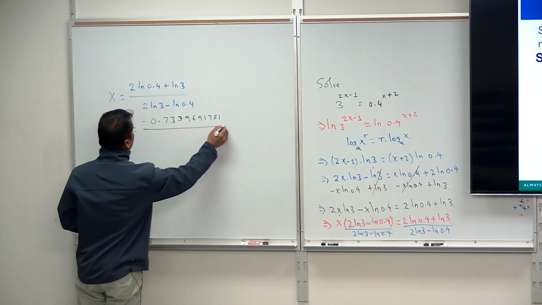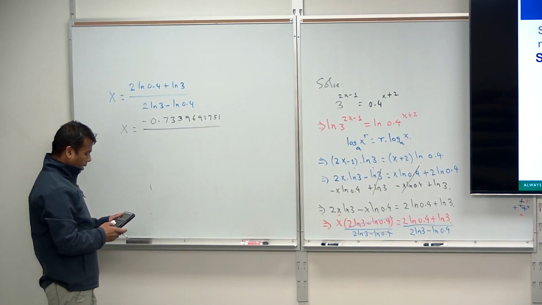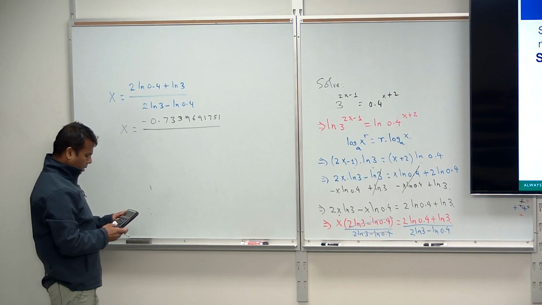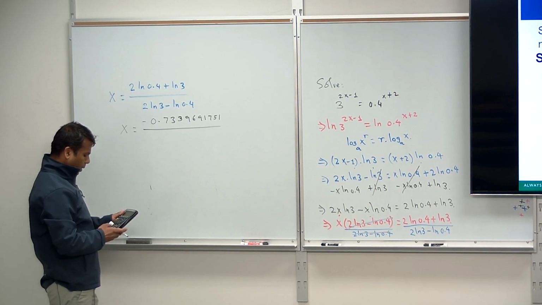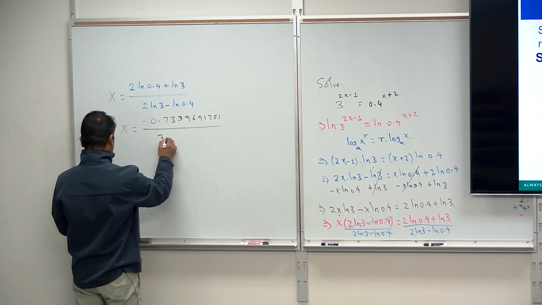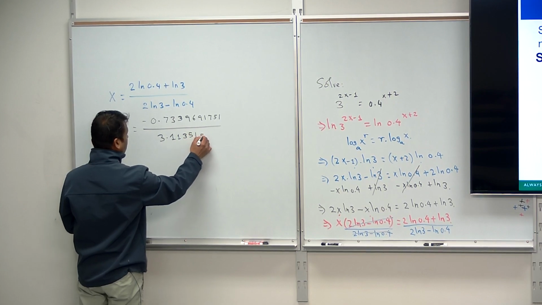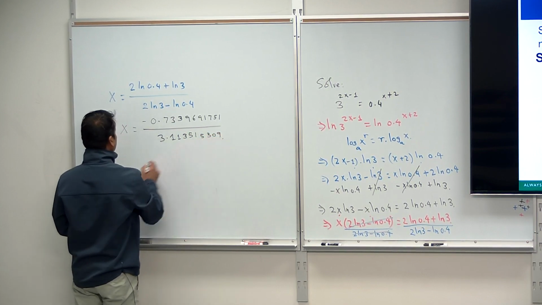And in the denominator, you have 2 ln 3 minus ln 0.4. So that will be 3.113515309.